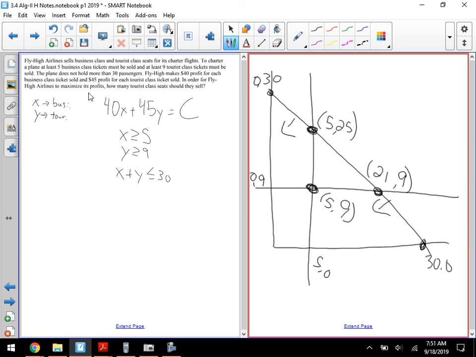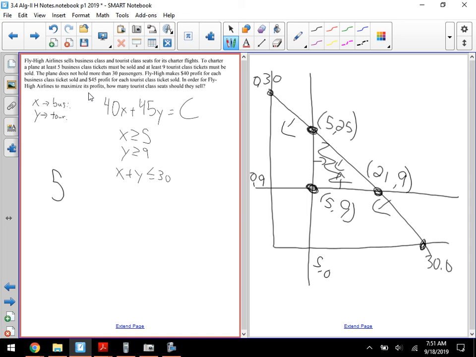I did not shade my horizontal and vertical yet. It's got to be greater than 5, so it's moving to the right. It's got to be larger than 9, so it's moving up. So we have our possible range of values within those 3 points. Your points are at (5, 25), (21, 9), and (5, 9).